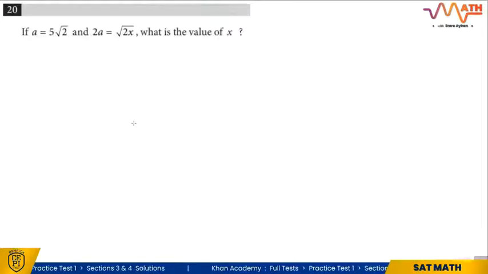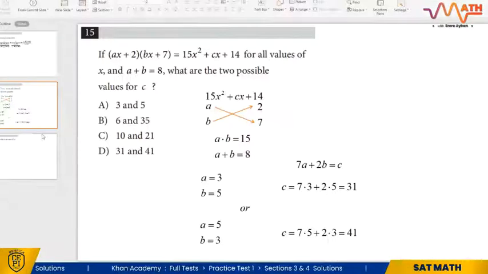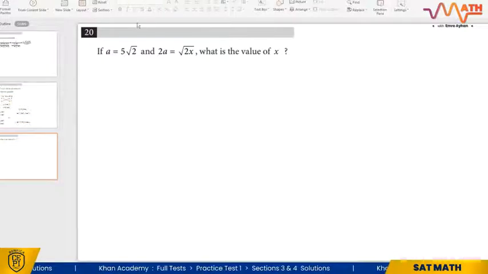Question 20. If a is 5 times root 2 and 2a is equal to the square root of 2x, what is the value of x? So you can substitute, right? I have a here.